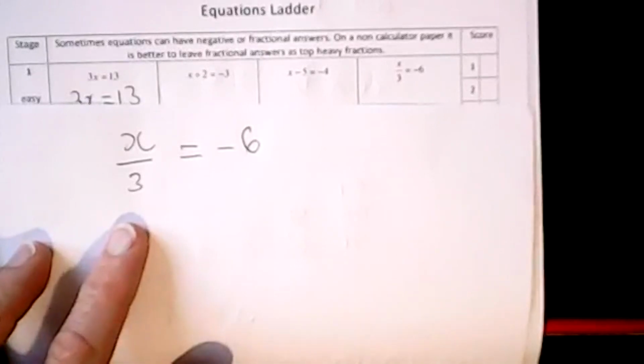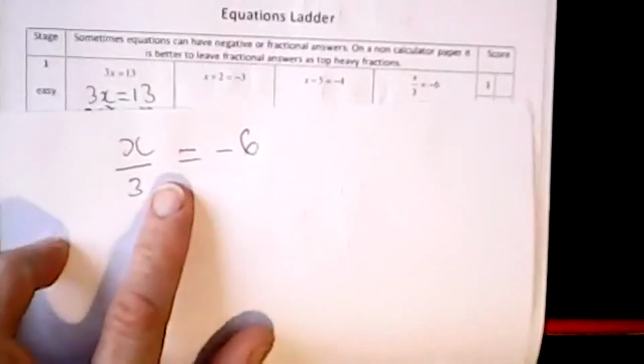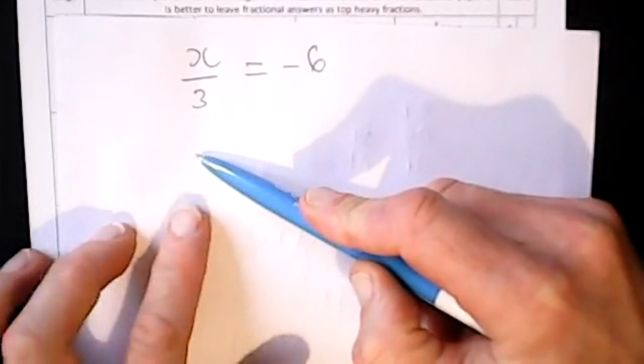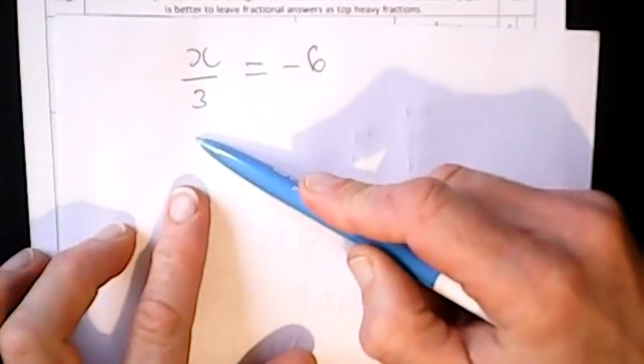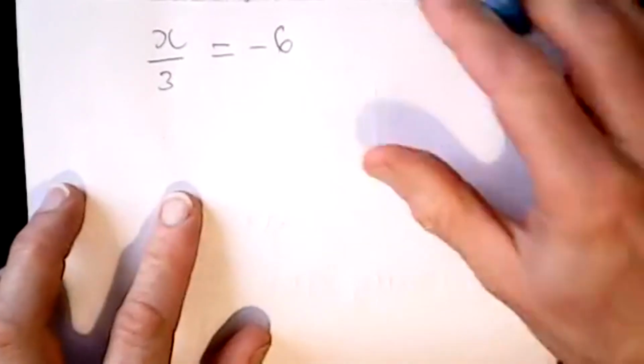But the thing is that we're not dividing by 3 on the other side. We want to do the reverse of what's on the left hand side. So if I've got a divide by 3 and a divide by 3 again, that's x divided by 3 divided by 3. That's not going to get us x on its own, which is what we want.